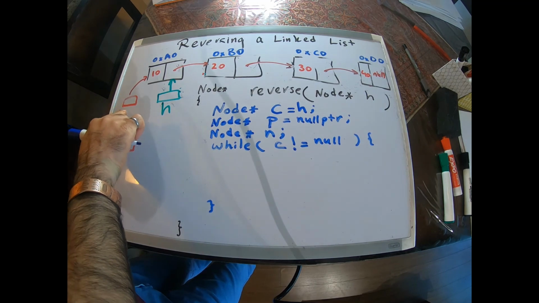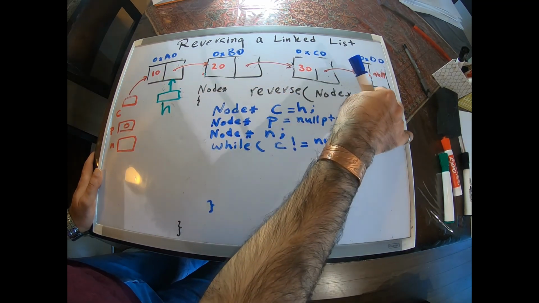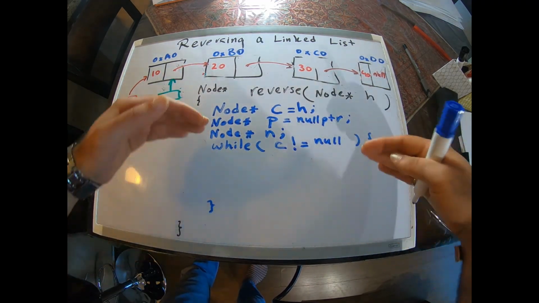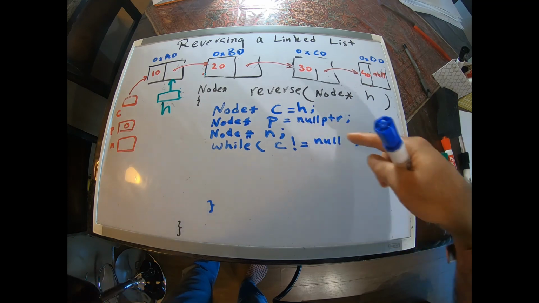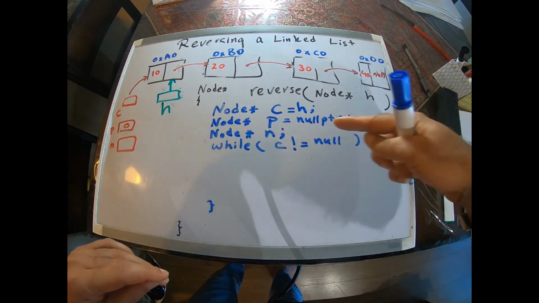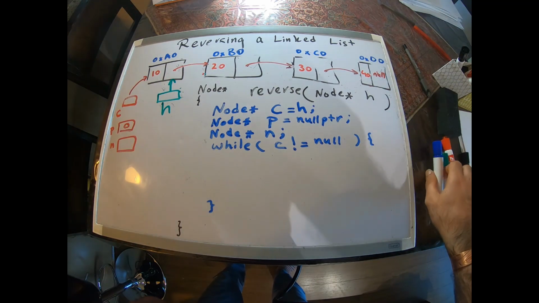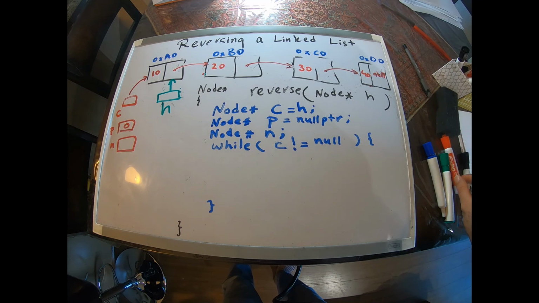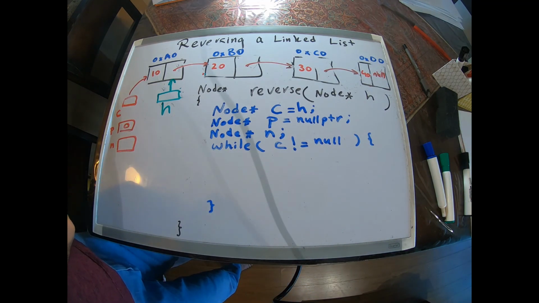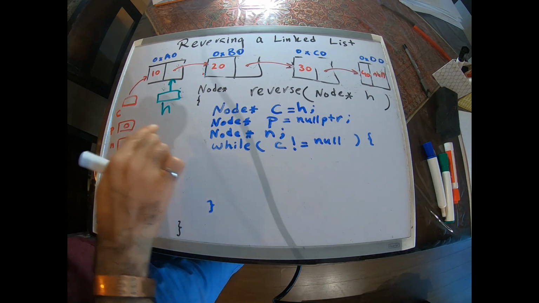You move C here, C here, C here, and then finally C becomes equal to null. So while I haven't got to that point, still stay in the loop. You saw that in the recursive version we didn't have a loop. The loop was implicit in the recursion.